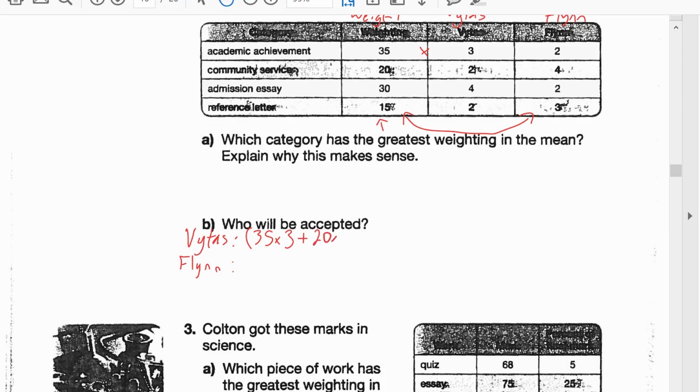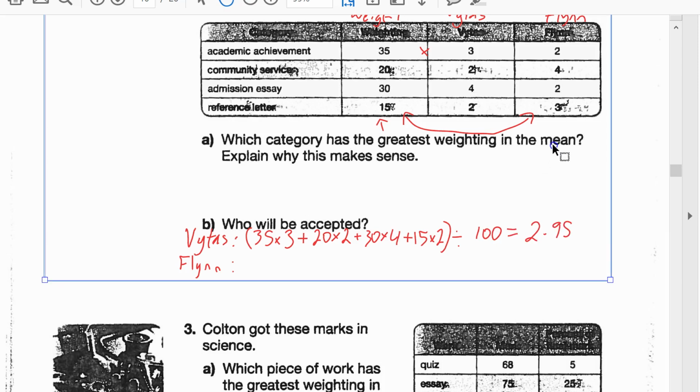Plus 20 times 2 plus 30 times 4 plus 15 times 2, divided by the total, which is just adding all the weights together, which is 100, and you get 2.95.